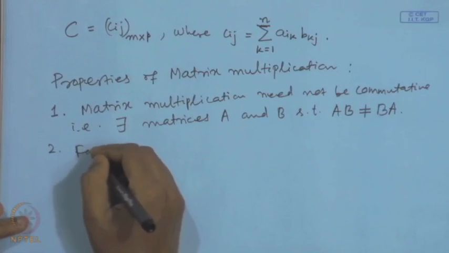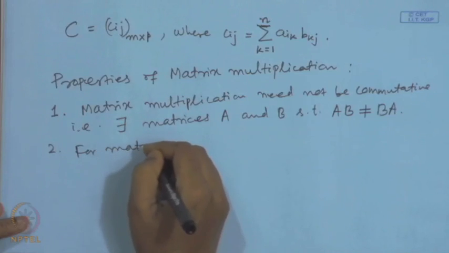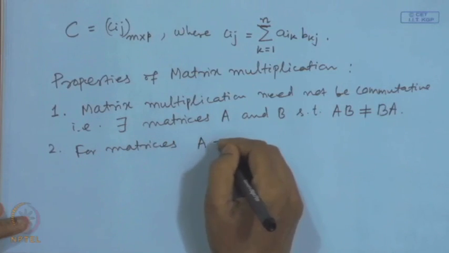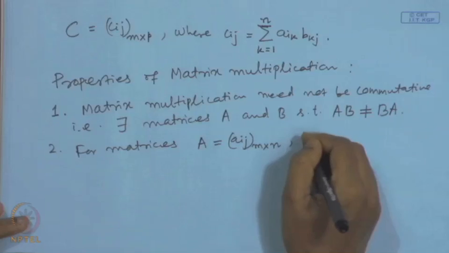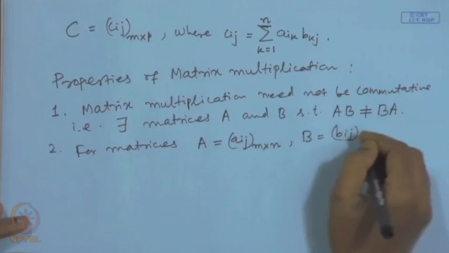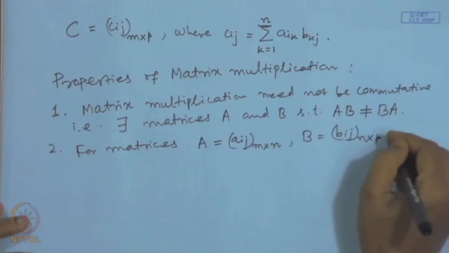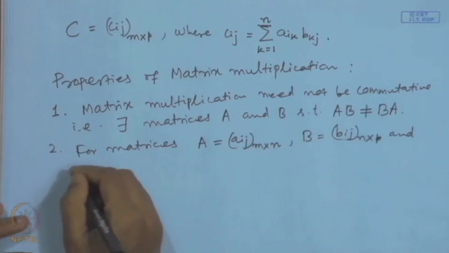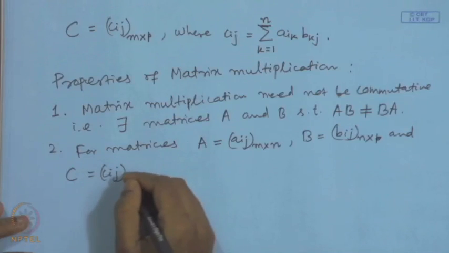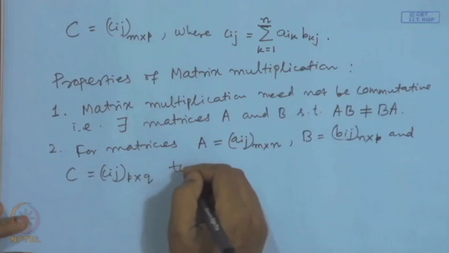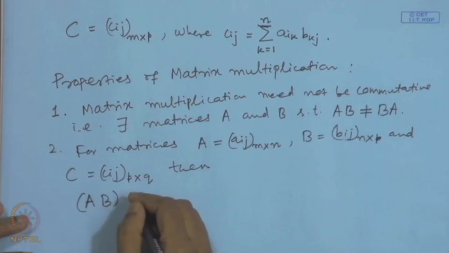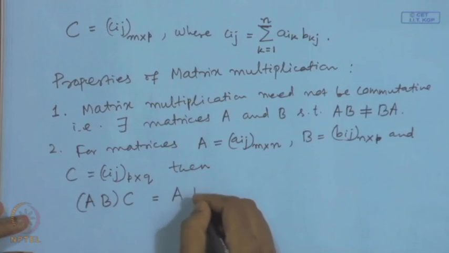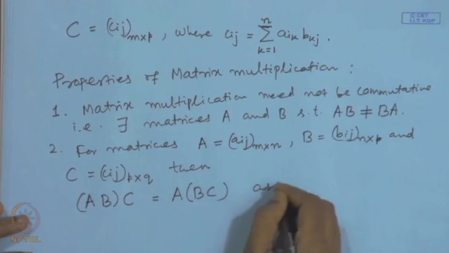That is, for matrices A with entries Aij of size m by n, B a matrix of size n by p, and C a matrix of size p by q, we have A into B into C is equal to A into B into C, that is associative.